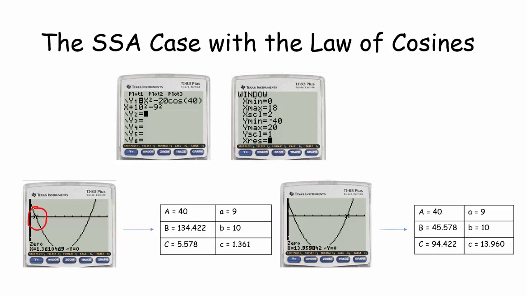So c was 1.361. And then I've got the chart filled in, because once I know that, I can carry on my way doing the law of sines, the law of cosines, whichever I prefer, to figure out the rest of my angles. Just be careful that if you're using the law of sines, and you know all 3 of these sides, the only angle that could be obtuse here would be angle B, because it's opposite the biggest side.